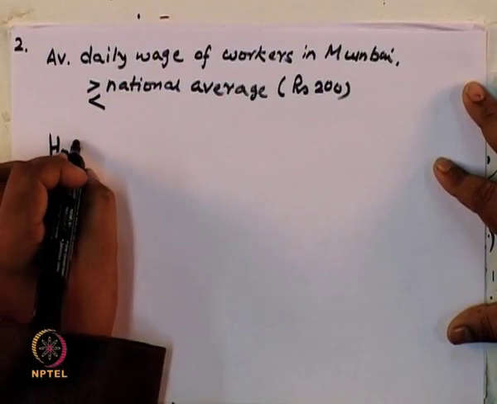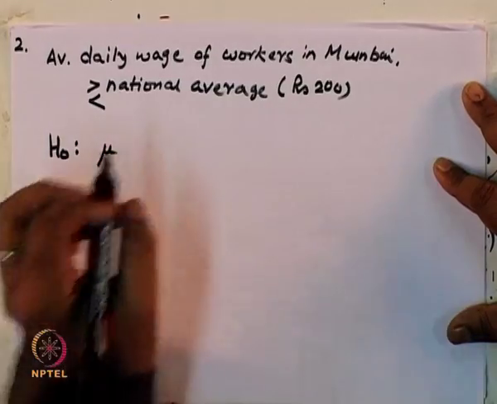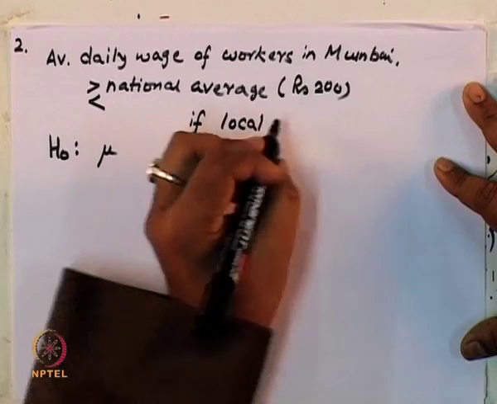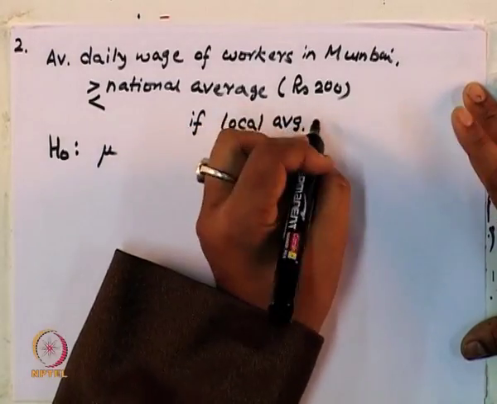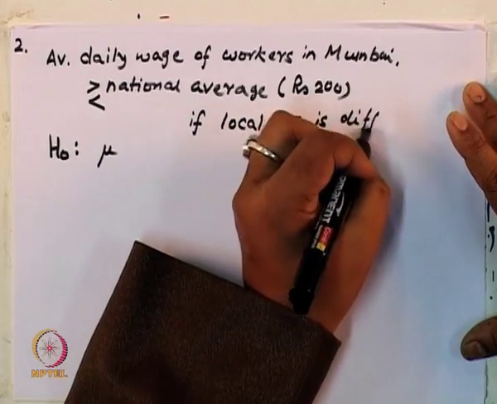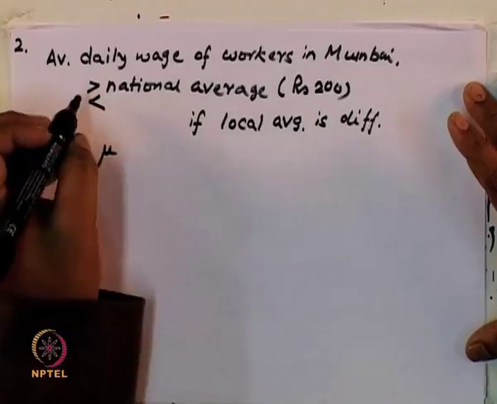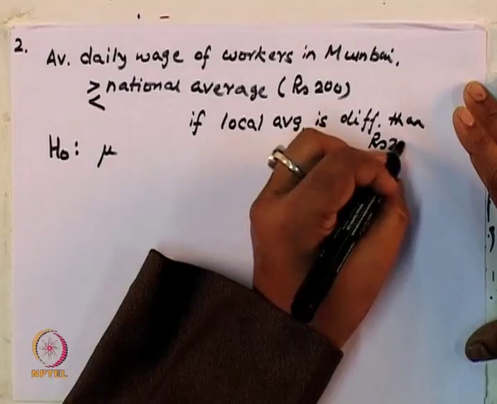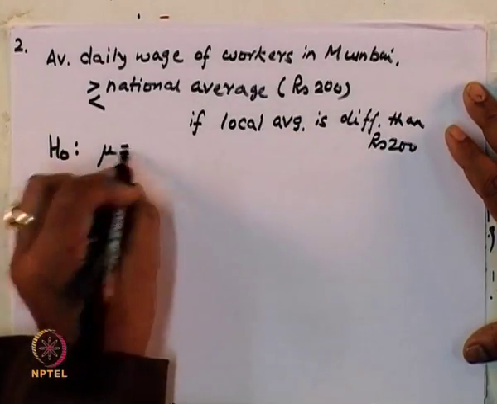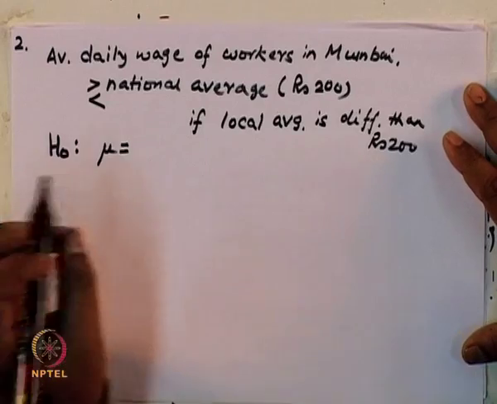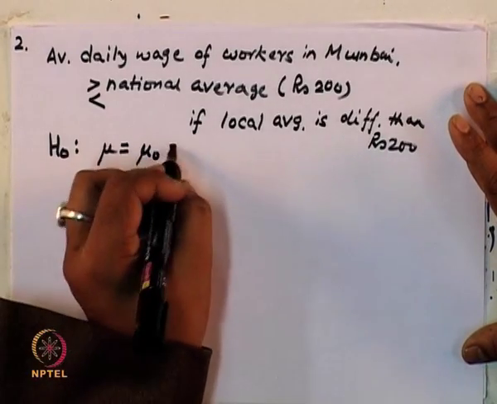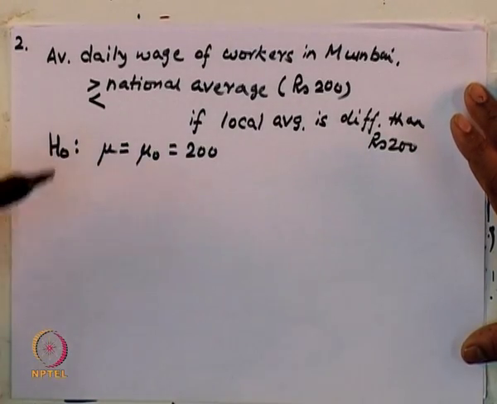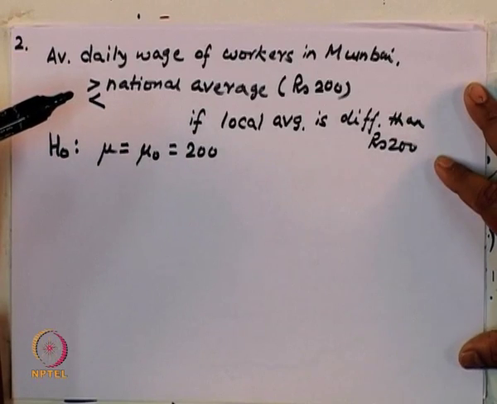The null hypothesis in this case: we want to basically prove if the local average is different, meaning either greater than or lesser than the national average of rupees 200. So, your null hypothesis assumes that mu is equal to mu naught, equal to 200. That means you assume the local average is the same as the national average.